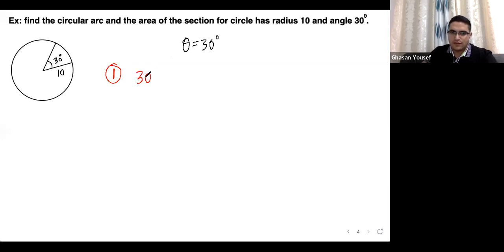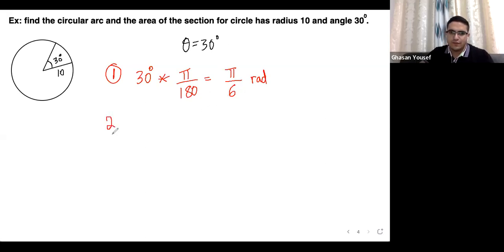We have to multiply by pi over 180. So 30 divided by 180, I will get pi over 6. So this is the first step, converting the degree to the radian. So 30 degrees is pi over 6 radian.